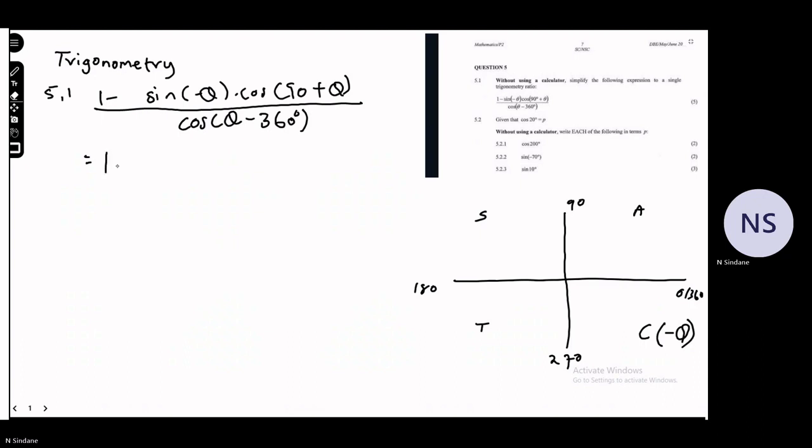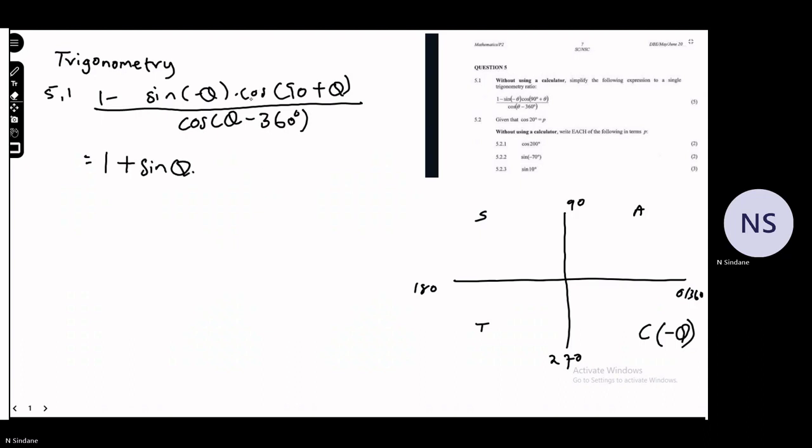Okay, we still have 1 minus, so this will give us a negative sign. Why am I saying it will give us a negative sign? Remember, we're saying sine of a negative angle, and negative angles are found in the fourth quadrant, where only cos is positive. So this will be negative of a negative, which gives us positive sine of theta.